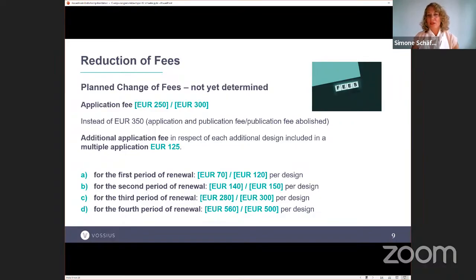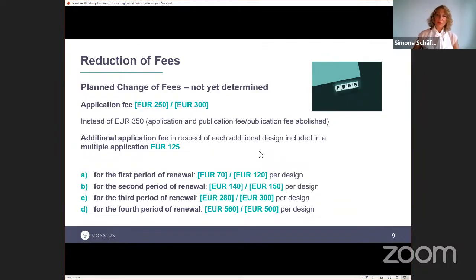And if you consider that the territory covered by this unitary right of a community design right covers 27 member countries, the amount per member country for this design coverage is below 10 euro, which is extremely cost efficient. And if you cover a second design, the second design only will be 125 euros.